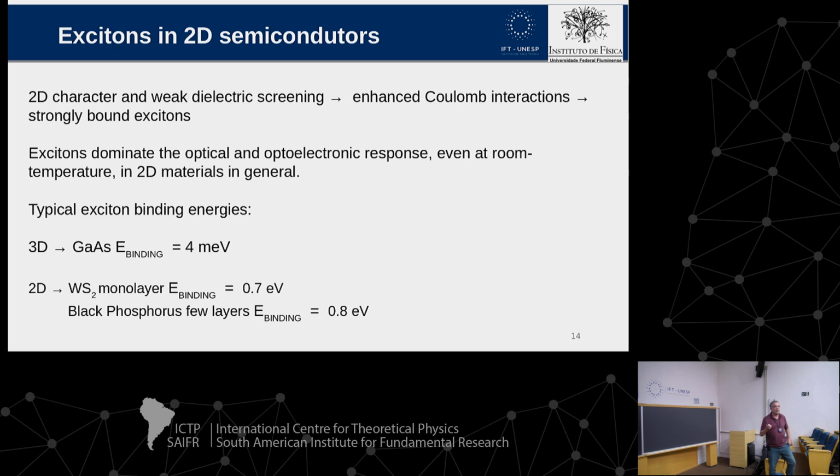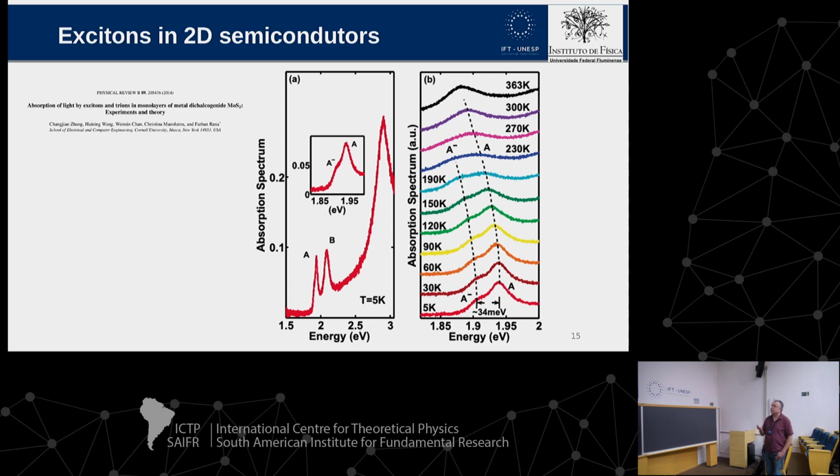So that is excitons in 2D semiconductors. They are very, very important, and this is something that we need to take into account in order to understand light absorption, of course. So here is an example for molybdenum disulfide of the importance of excitons.